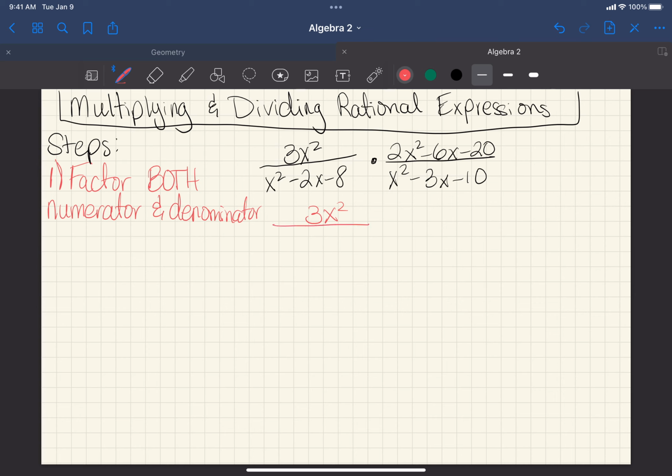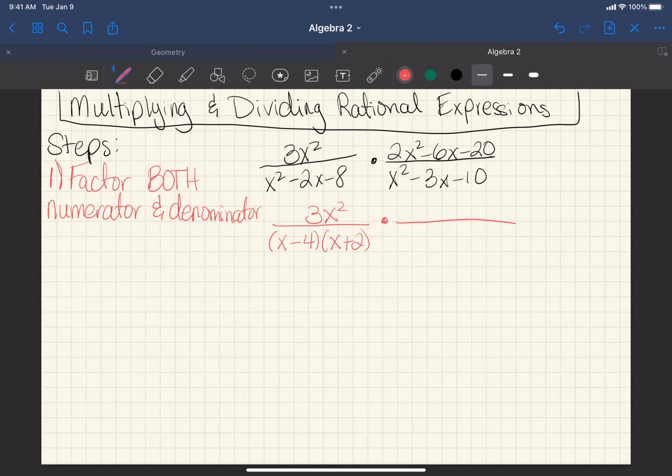So when I factor this x squared minus 2x minus 8, I'm going to end up with an x minus 4 and an x plus 2. Now over here, I have to factor the numerator and the denominator, right? That 3x squared, there was nothing I can do with it. It's just one term, a monomial, so there's no factoring involved.